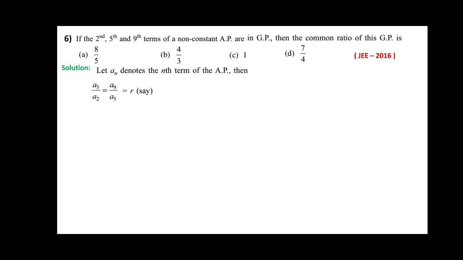Now I am subtracting 1 on both sides. By taking minus 1 and the LCM, it becomes (A5 minus A2) by A2 is equal to (A9 minus A5) by A5. This is a different procedure: taking minus 1 on both sides, and after taking the LCM we have (A5 minus A2) by A2 is equal to (A9 minus A5) divided by A5.